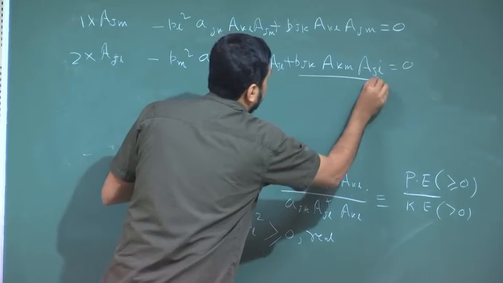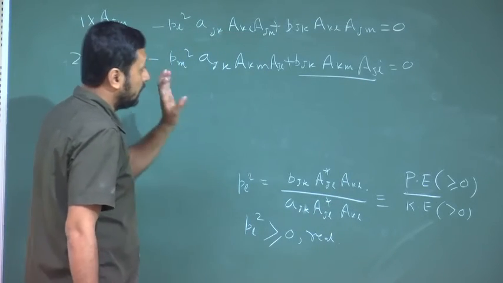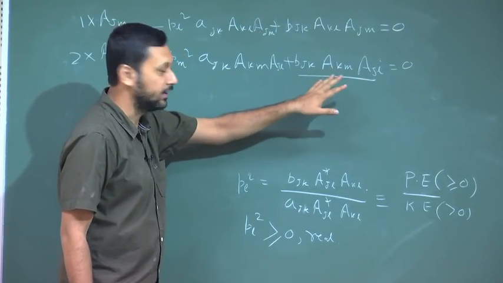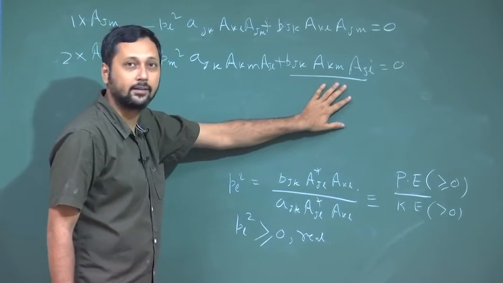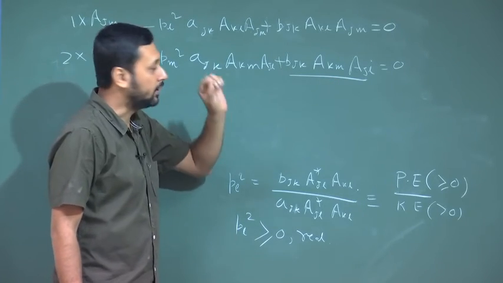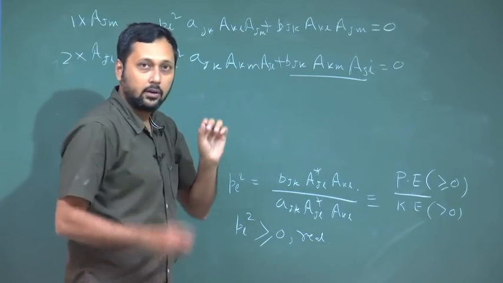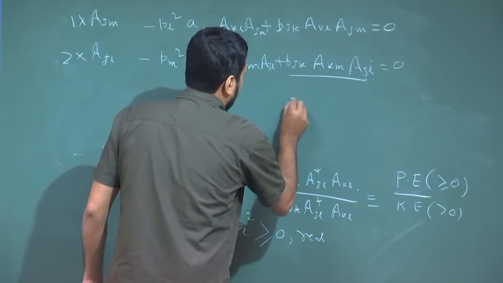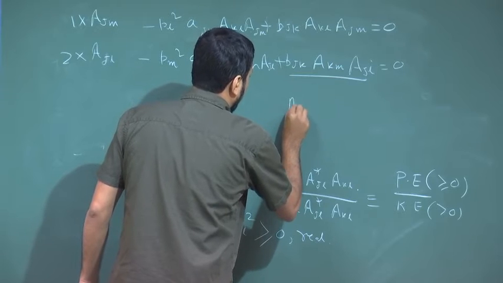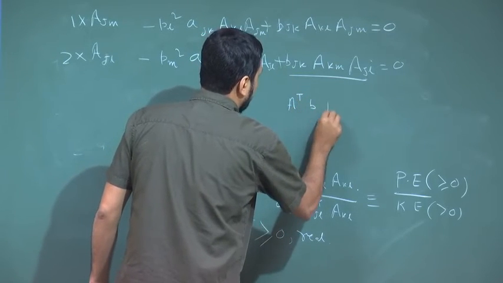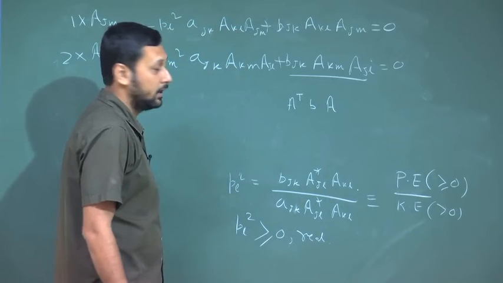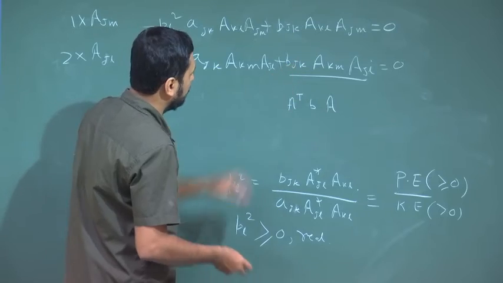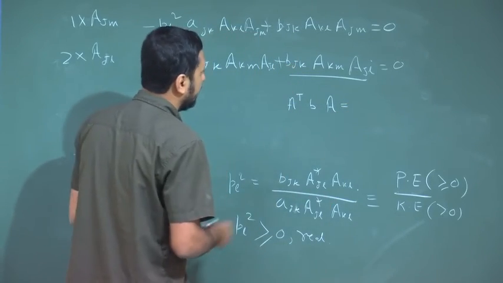Look at this operation here. Now that we have proved that at least the ratios of this are real, we do not need to take the complex conjugate. We can only take the transpose, and in element form, this equation can be written as A transpose B A. Once again, please remember that j and k are dummy indices. We can do the same substitution without writing in element form.